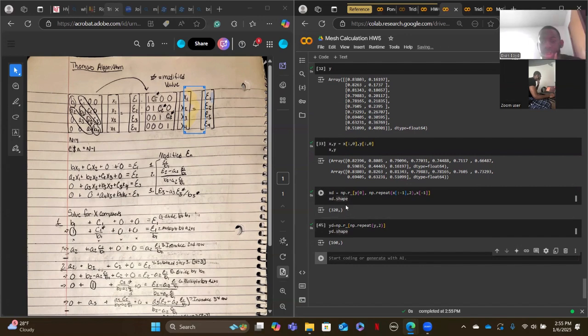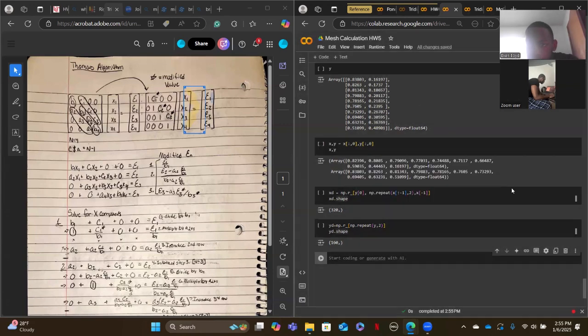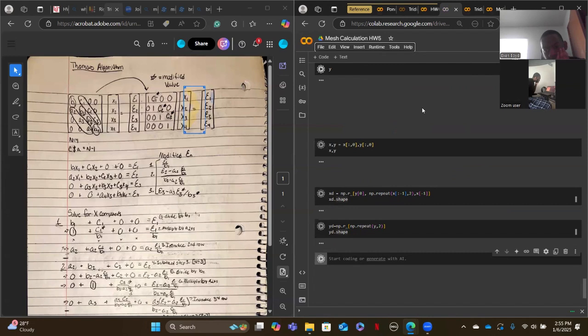And they should be the same. What is happening? I have no clue why my code is just not working anymore. I'm going to delete the runtime again and then rerun everything. Maybe that will work. I don't know. I keep having problems. And there shouldn't be problems with this anymore.